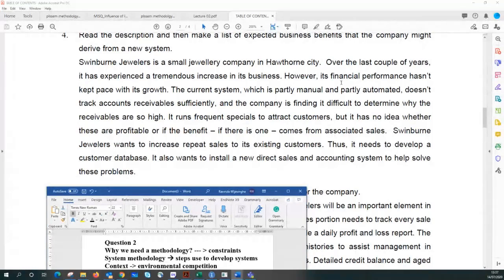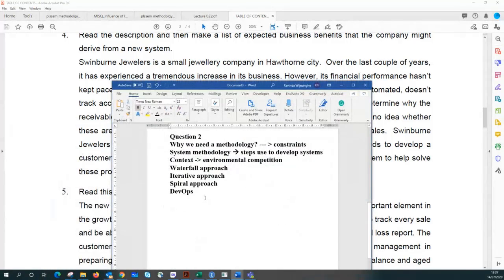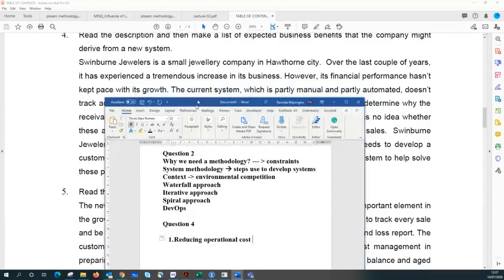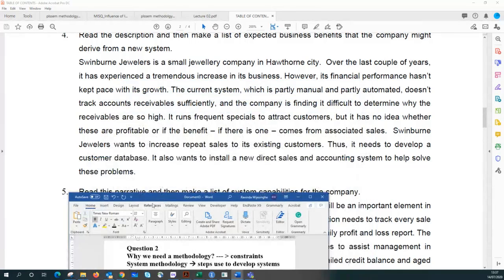So essentially, this is question number 4, and I write the answer here. You can mention the benefit of reducing operational costs. So how are we going to reduce the operational cost if we implement this database?